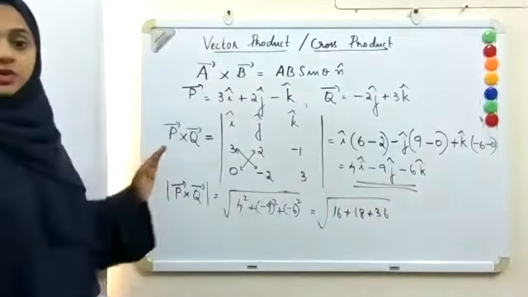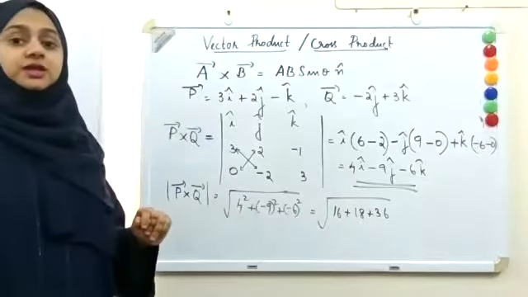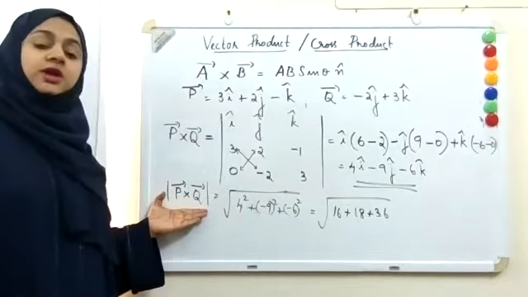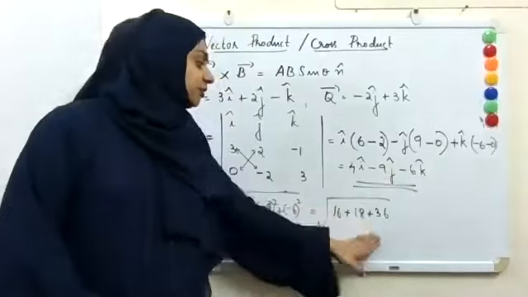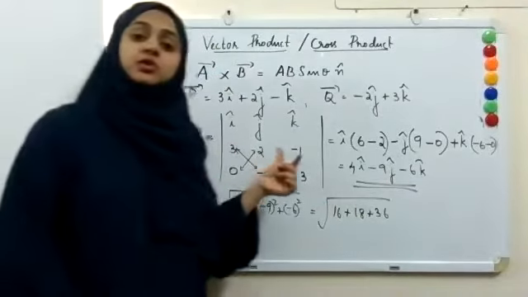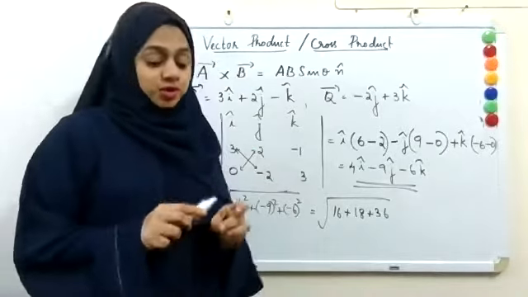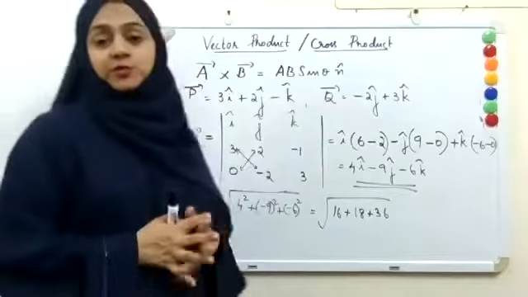You can find it out. This is how you can find the magnitude. And how to find the direction? You can find the unit vector, that is the vector itself divided by the magnitude. That is how you will find the magnitude and direction of the cross product between two vectors if they are given in the component form.